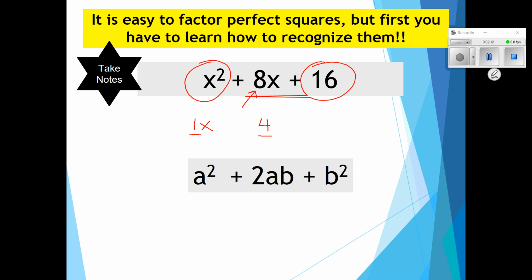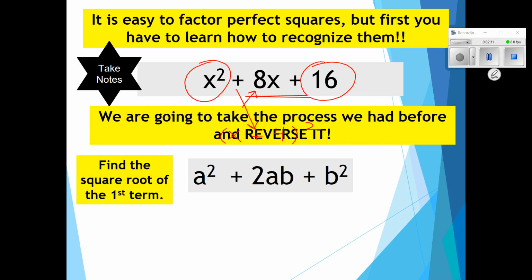It does check to be a special product. So in order to factor it, all we have to do is take the square root of x squared, which is x, take the square root of 16, which is 4, bring the sign down, and it's x plus 4 squared. We're going to practice this several times, and this steps you through all the processes here.